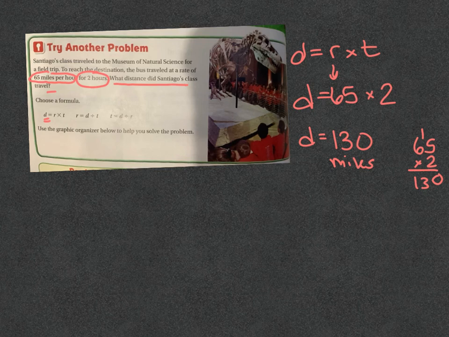You'll get more comfortable with practice. Then you'll just find out, what am I looking for? This time we were looking for distance. Next time we might be looking for time, or another time, rate. Figure out what you're looking for in the question, choose the proper formula, and work it through. Hopefully you find that goes pretty smoothly, but you know where to find me.